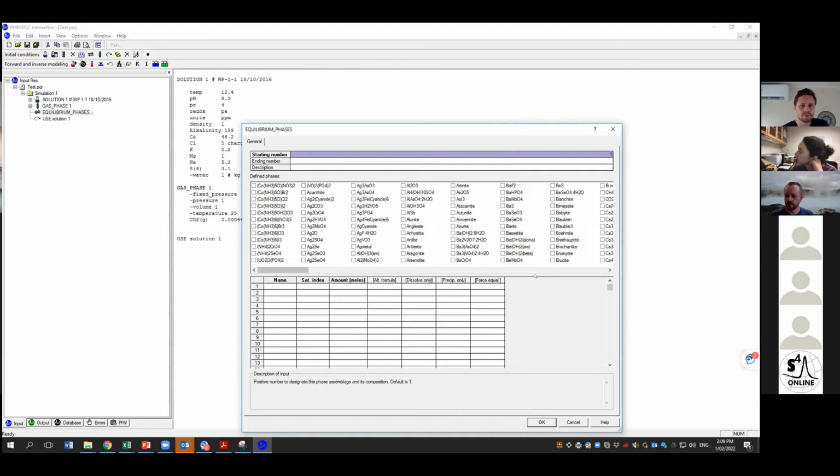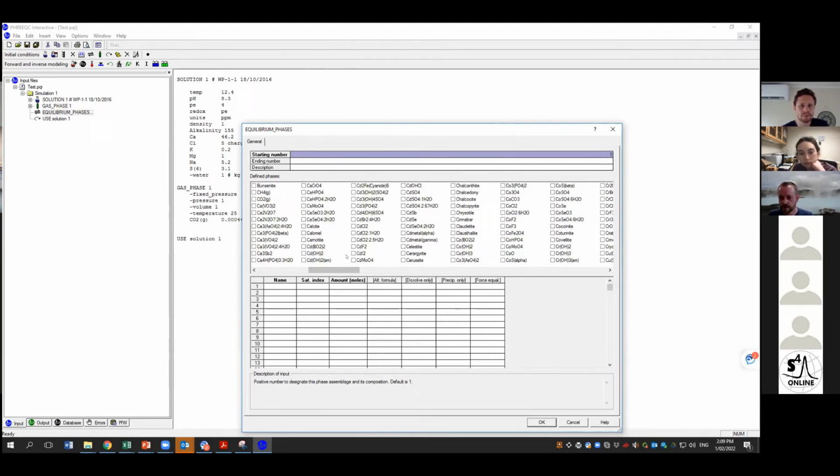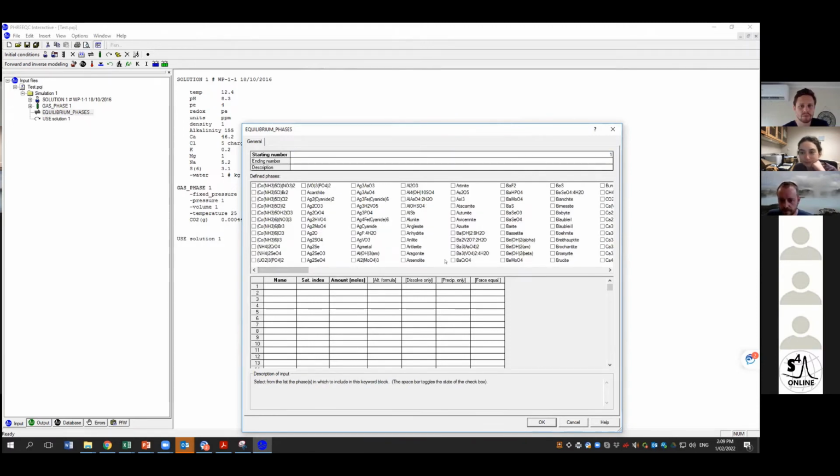I'm going to be very, very boring, and I'm going to put calcite in there, if I can find calcite. You're probably all yelling at me, it's over there. There it is. Okay, so hit OK.